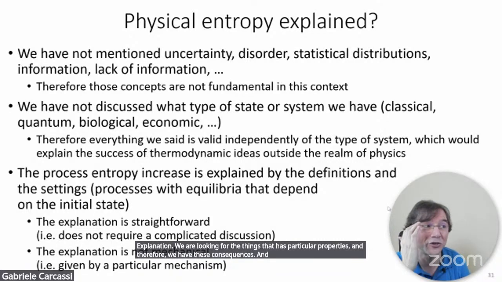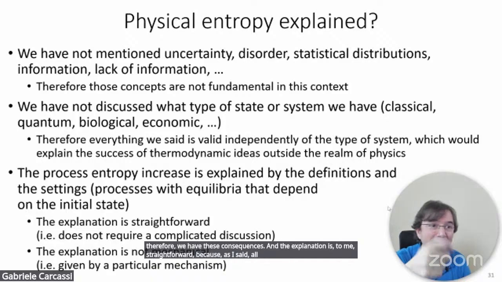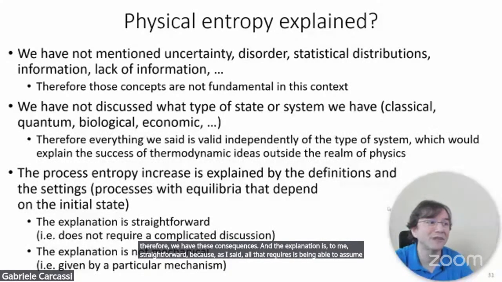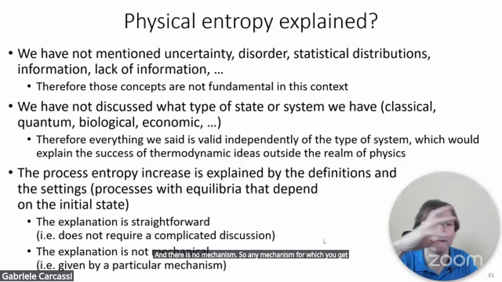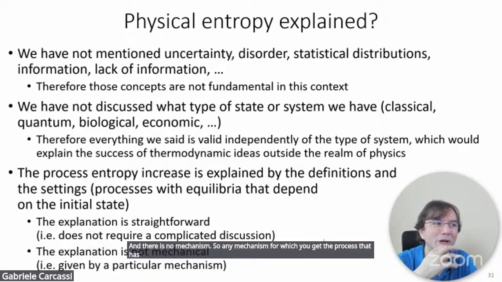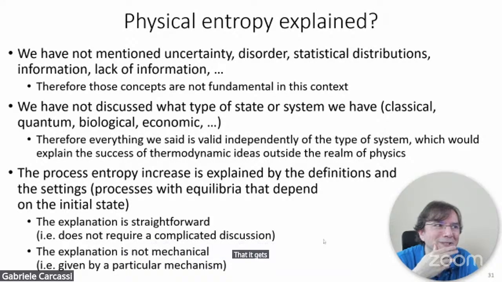The explanation is, to me, straightforward because, as I said, all that it requires is being able to assume that we can count these things. And there is no mechanism. So any mechanism for which you get a process that has these equilibria, and that gets the correct count in the same way, is fine.